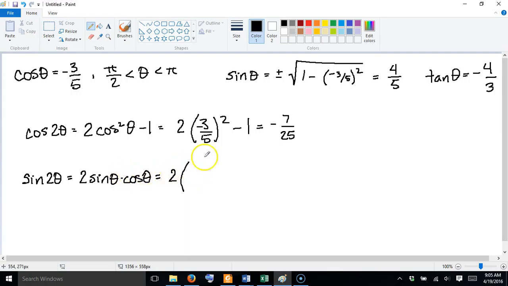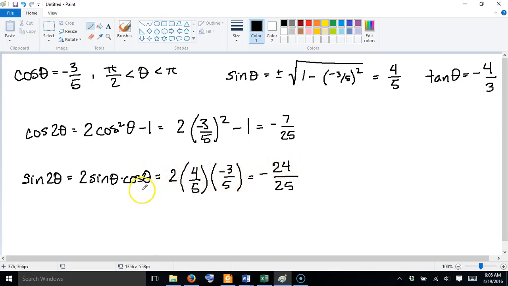So 2 times sine theta, which is 4/5, and then cosine theta, which is negative 3/5. Now multiply it together. We are going to have negative 24/25. And there we go, we found sine of 2 theta.